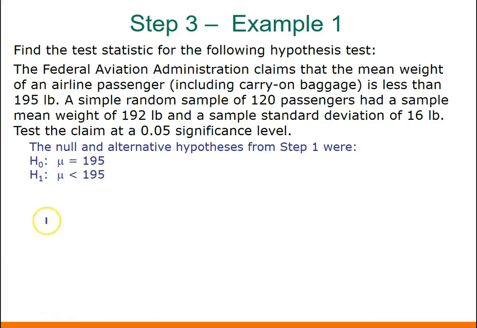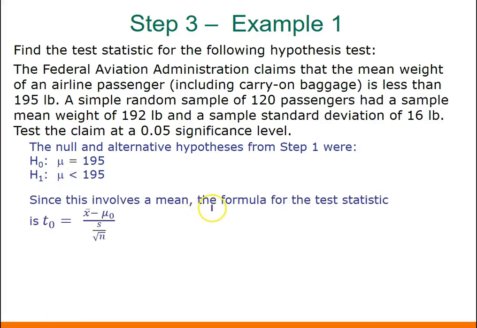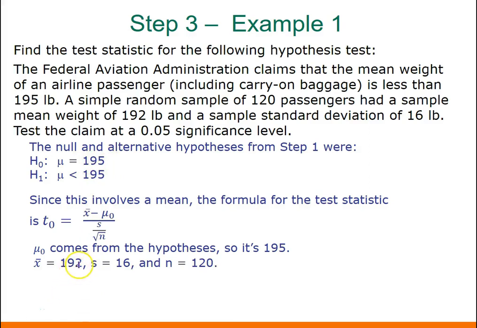So that tells us our parameter that we're testing is a mean. That means the formula for the test statistic that we want to use is this one. So for the mu0 in this formula, that number comes from the hypotheses, so that's the 195. Then the other values all come from our sample data.